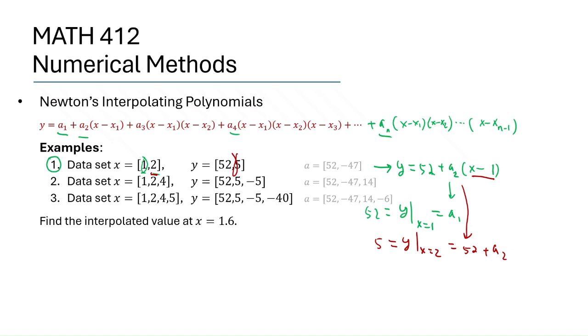Okay, so a2 is negative 47. That's the Newton's interpolating polynomial for the given data set.